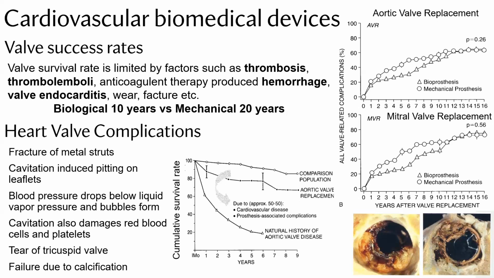And so each of these can have their own complications and therefore require another exchange of the valve for the next 10, 20 years of that patient's life. In terms of the valve itself, these issues are more biological, which can happen because of the natural reaction of the tissue and the biological system surrounding the valve.